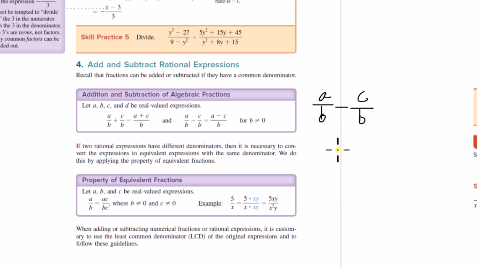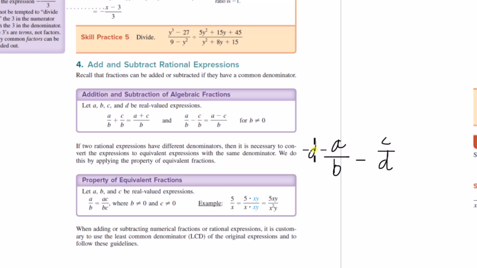Okay, but if two rational expressions have different denominators, then it is necessary to convert the expressions to equivalent expressions with the same denominator. We can do this by applying the property of equivalent fractions. So if you had a divided by b minus c divided by d, we can make an equivalent expression by multiplying a over b by 1, so it's still just a over b.